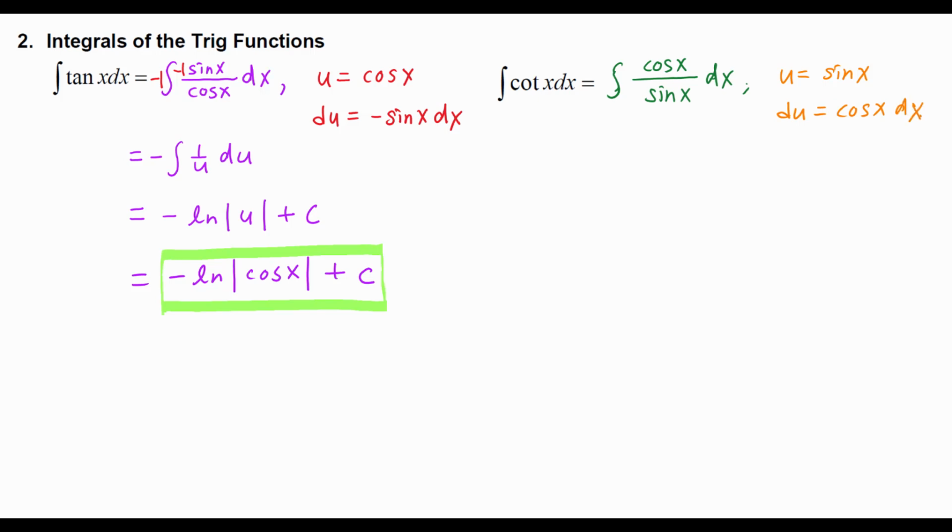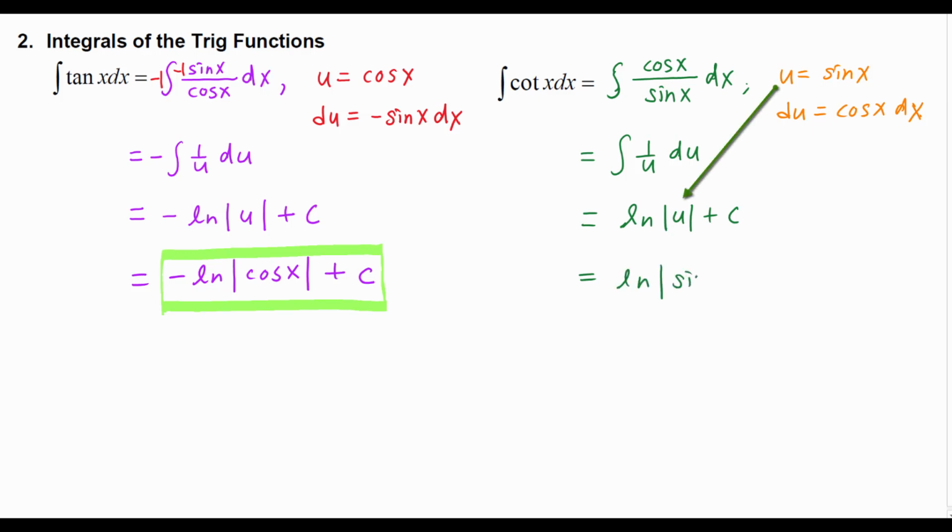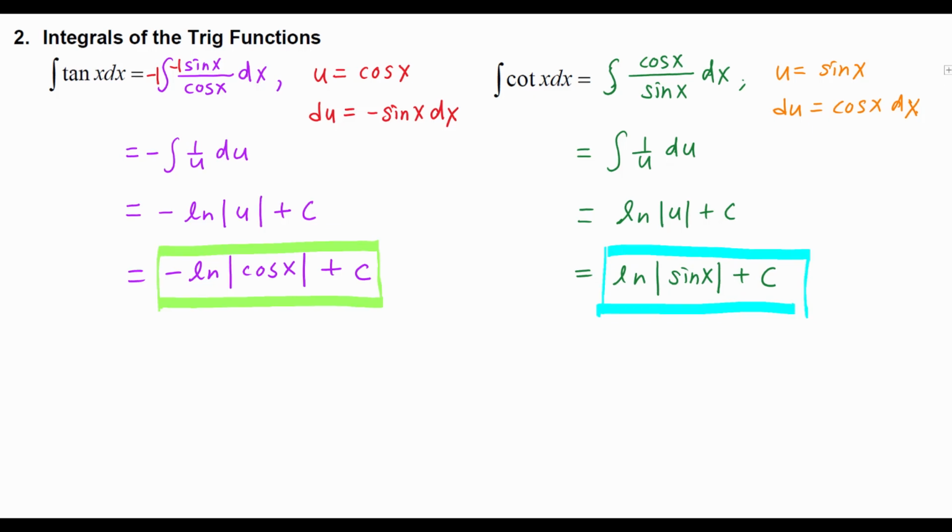So then your integral is 1 over u du, which is equal to ln of the absolute value of u plus c, and my u was sine x. So my final answer is ln of the absolute value of sine x plus c. Getting really, really easy now, yes?